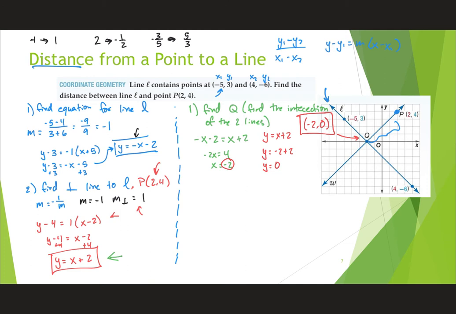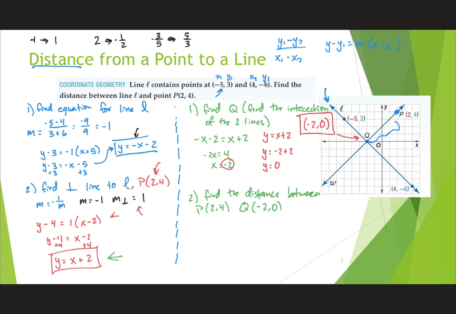Now, last but not least, the final step in our whole problem, and that is to find the distance. Finally, between point P and point Q. Okay, so in order to use the distance formula, you need 2 points.